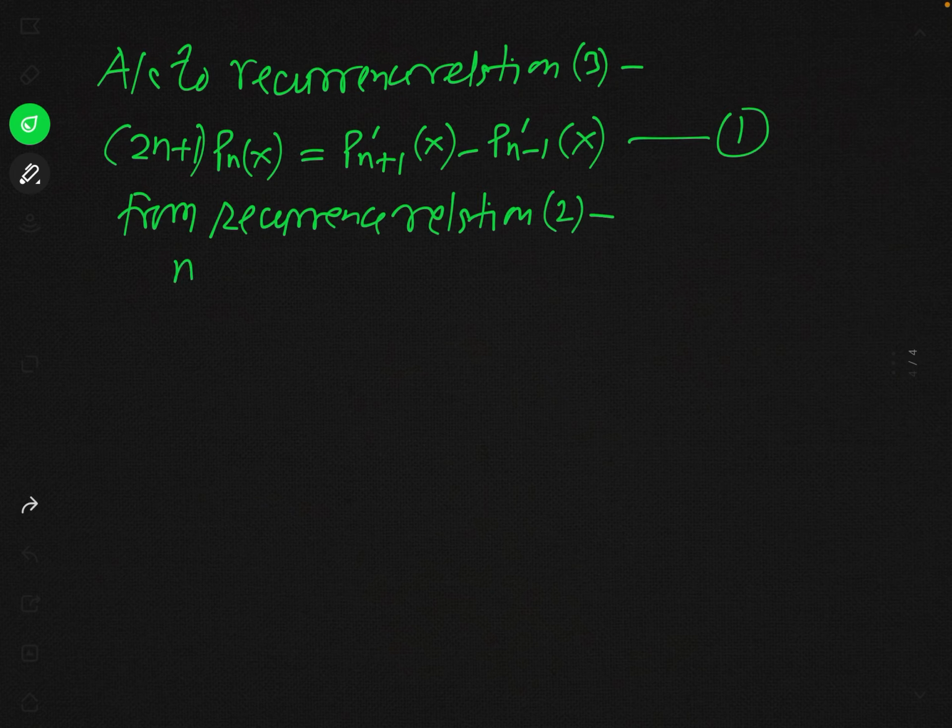This is actually n into Pn of x, and this is equal to x into Pn prime of x minus Pn minus 1 prime of x. So say this is equation 2.